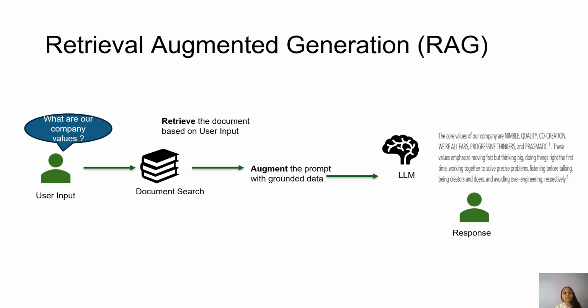Now what it does is it searches the documents that I have provided, retrieves the document based on the user input, and then it augments the prompt that I have asked with the grounded data, and this is sent to the LLM. Then based on this augmented prompt with the grounded data, the LLM generates the response, and here is the response. So that is how retrieval augmented generation works.